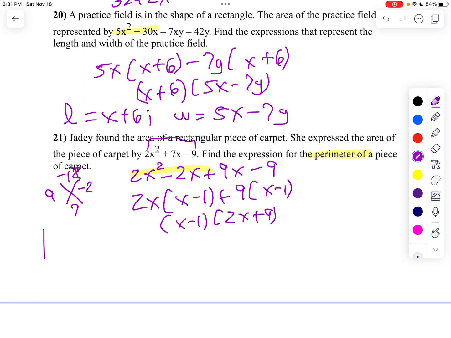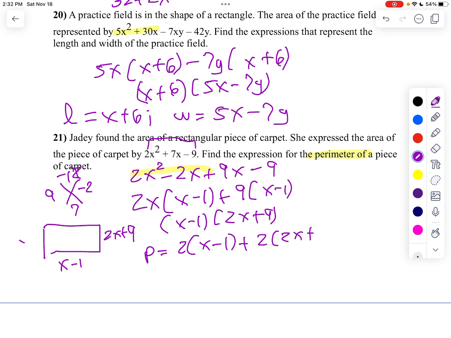So if I think about my picture here, one of these is x minus 1, and the other is going to be 2x plus 9. So to find the perimeter, I have two lengths, so I'll say 2 times x minus 1 plus 2 times 2x plus 9. So let's distribute that.